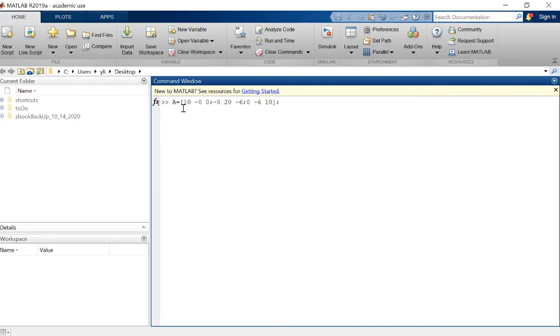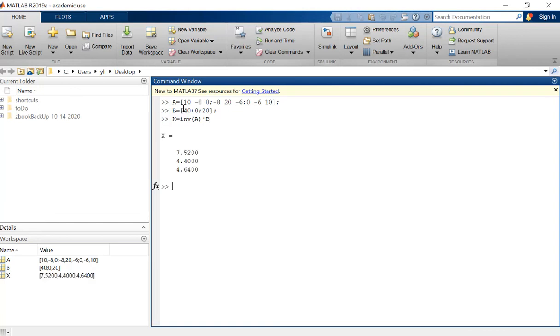Okay, so that's matrix A, which is the coefficient matrix. And now matrix B, which is a constant matrix, which is 40, 0, 20. Okay, and then you just need to get the current matrix equals inverse, that's the inverse function, inverse of A times B.